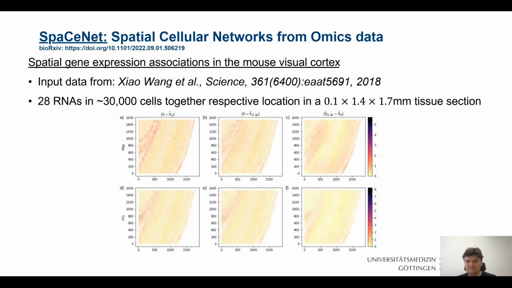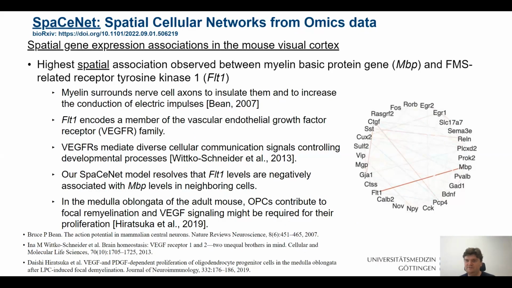Applying SpaceNet yielded these spatial associations between gene expression variables, shown in this figure on the right side. I just want to mention our top hit. The highest spatial association was observed between the myelin basic protein gene, MBP, and FMS-related receptor tyrosine kinase 1, FLT1. And indeed, that fits nicely into the literature.